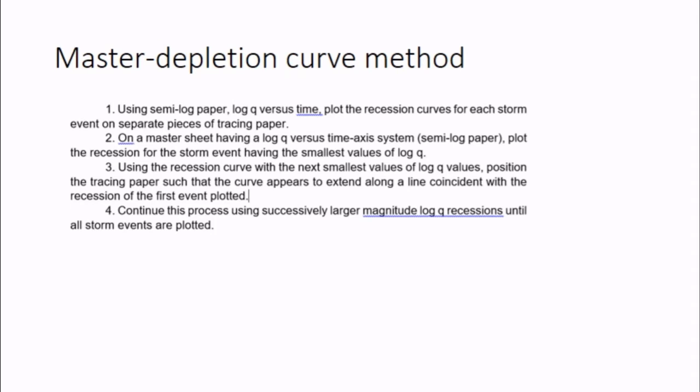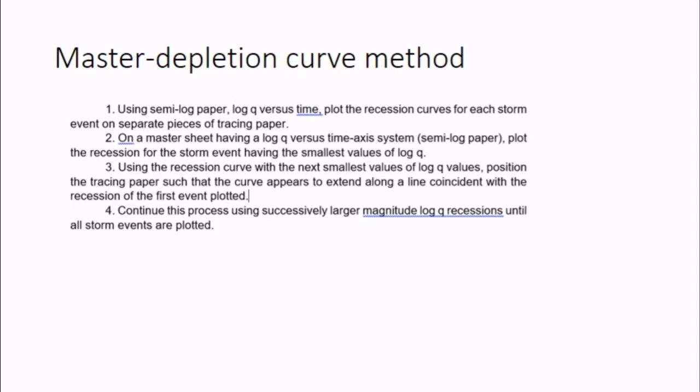And then, using the recession curve with the next smallest value. So, mag-start kayo sa smallest value ng recession curve. May mga recession curve kasi na value na matataas at may mabababa. Pag susunod-sunodin mo lang siya mula sa mababa and then pataas, ipa-plot mo siya ng sunod-sunod dun sa isa pang tracing paper na ginawa mo. And then, i-arrange mo lang siya such that the curve appears to extend along a line coincident with the recession of the first event plotted.